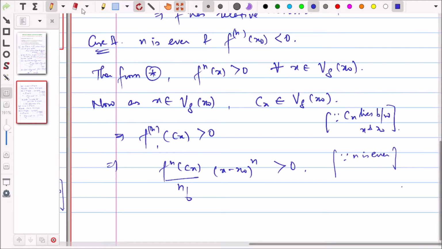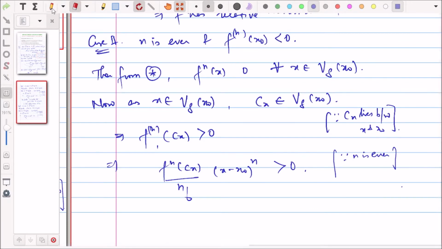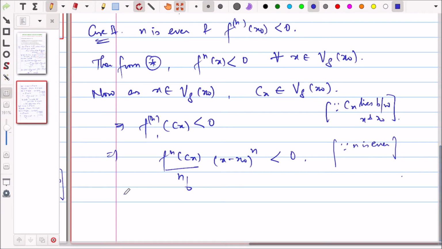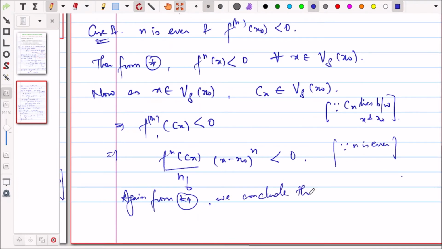So again from star this will become negative, and then this will be negative, and again this will be negative because this is positive, n being even. So again from double star we conclude that f(x) is less than or equal to f(x naught) for all x belonging to V delta of x naught.